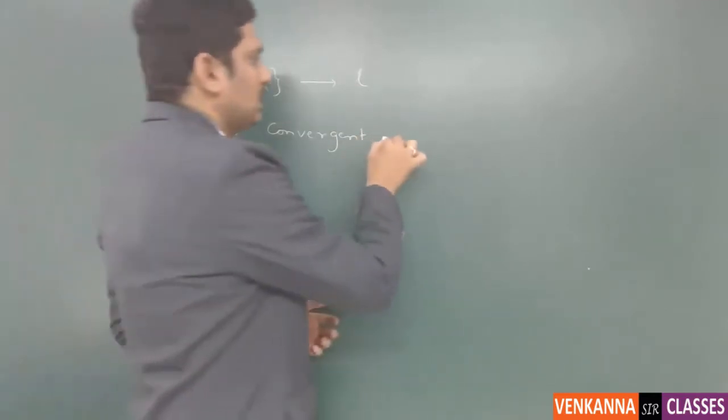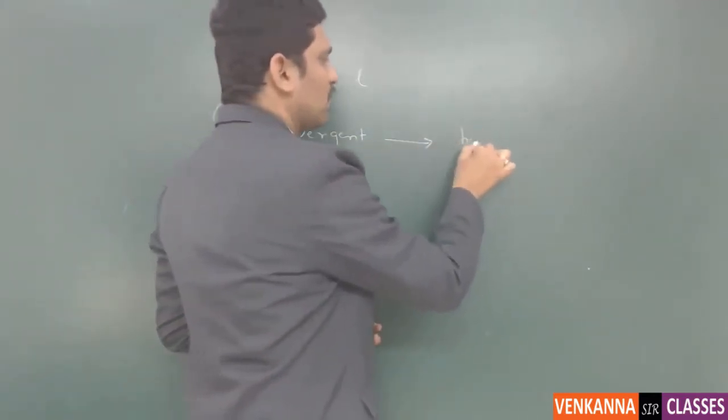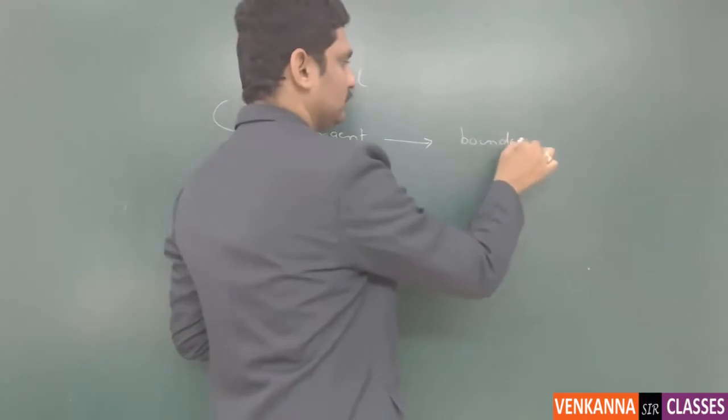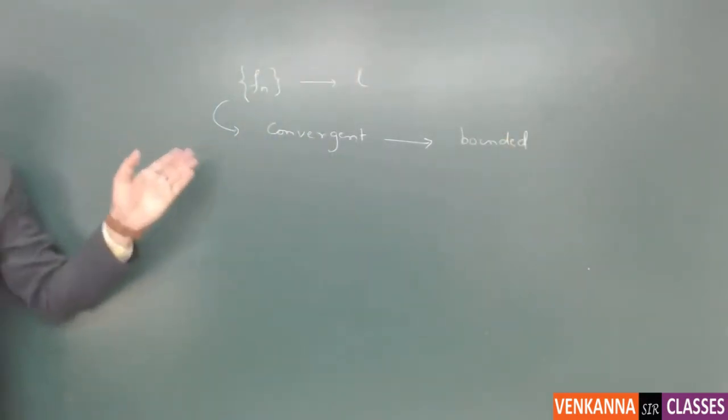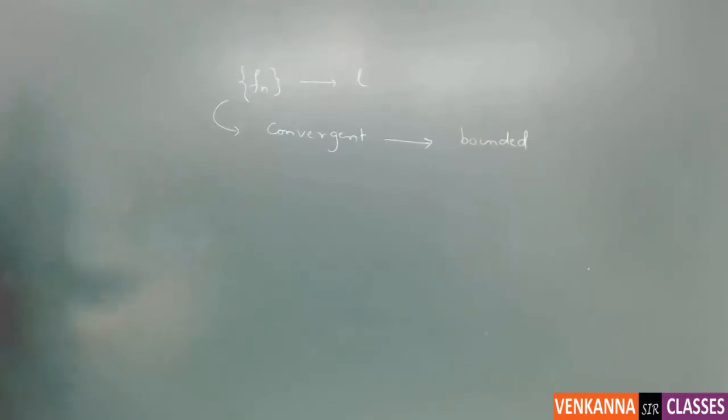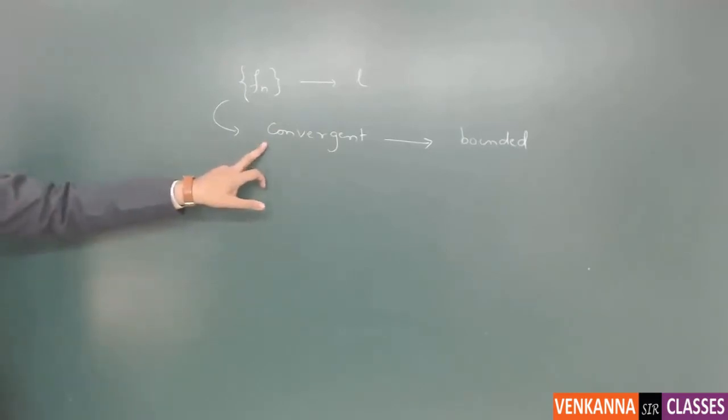And every convergent sequence is always bounded. So you are able to define the least upper bound as well as the greatest lower bound for the sequence. This is one result we need to understand. Please take a note of that.